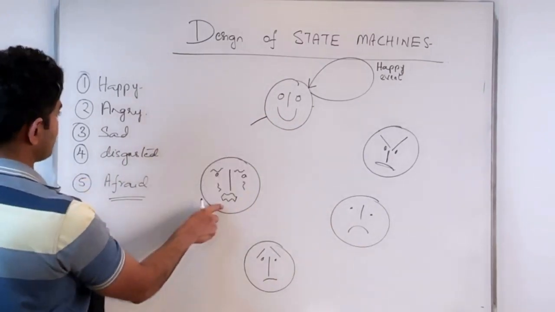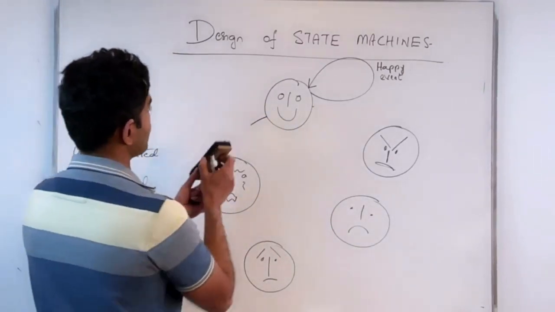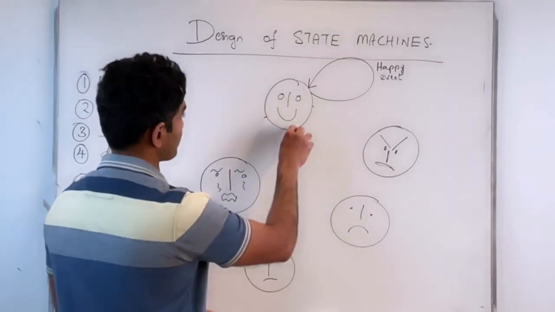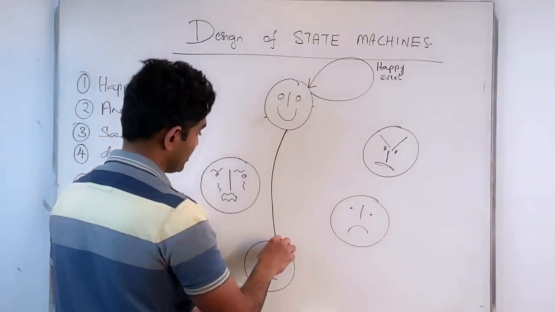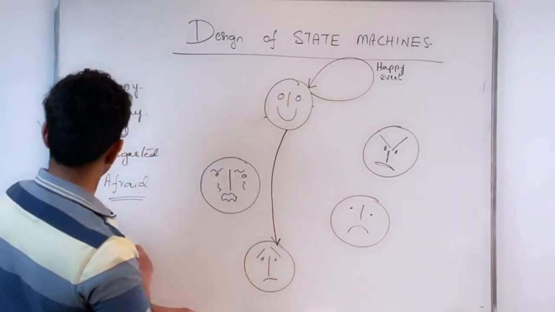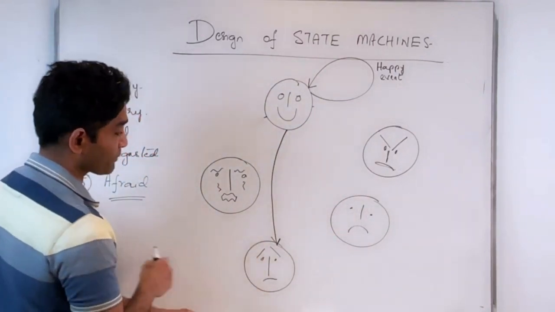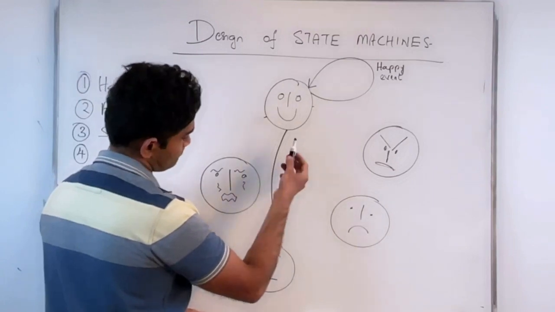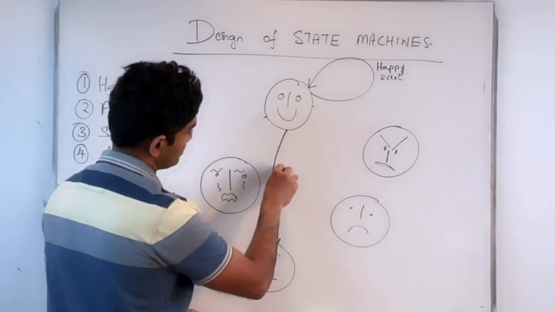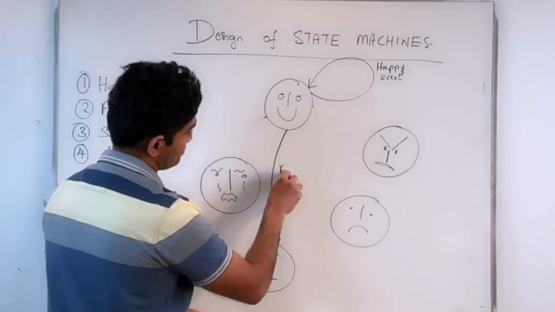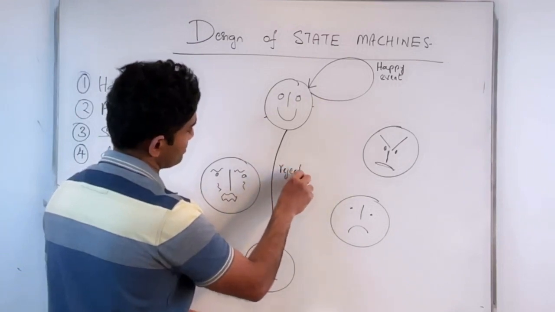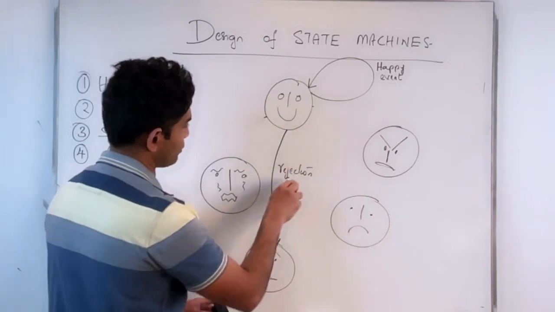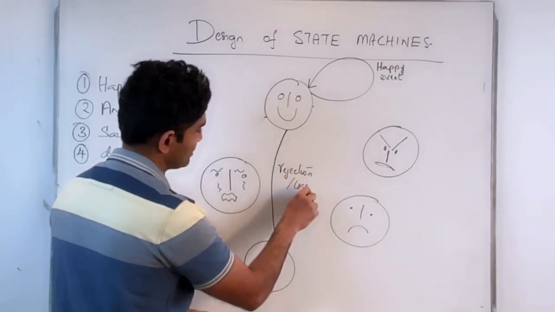What was this one? This was the disgusted state, right? And this was afraid. Okay, I may be transitioning in this way. I go to the sad state, afraid state, based on some, let's say, rejection or loss, some kind of a loss.